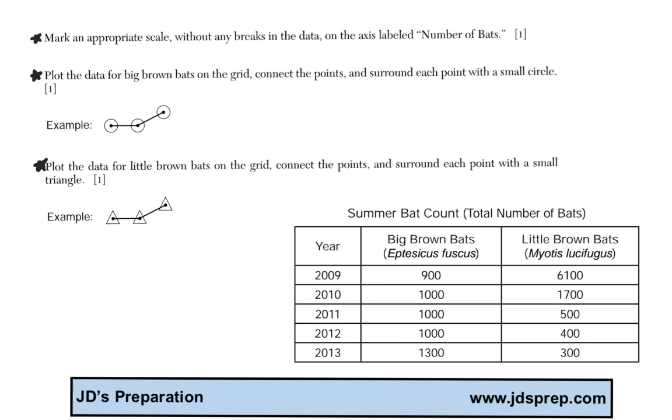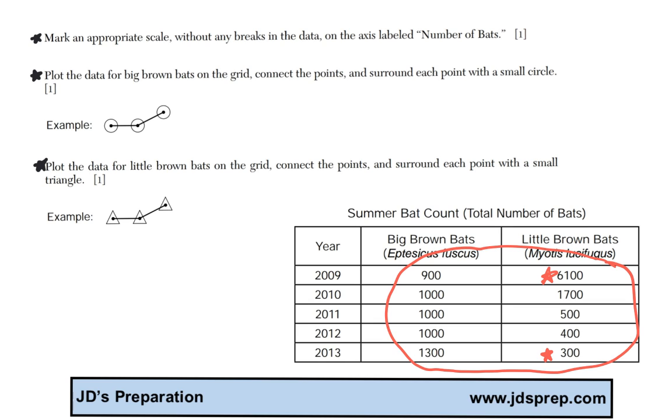Let's first think about how we can create our scale on the axis labeled number of bats. We have to consider all of the values that are listed in this chart. What I recommend is find the smallest number out of all the data, which is 300 in this case, and the largest number out of all the data, which happens to be 6,100.